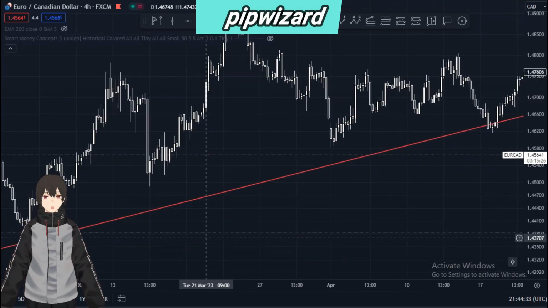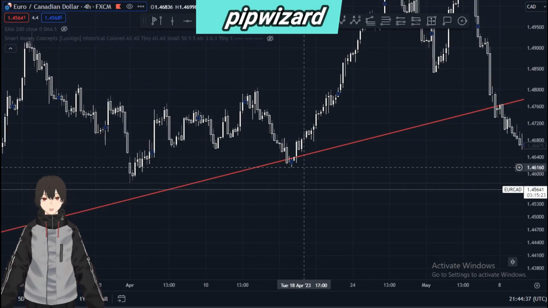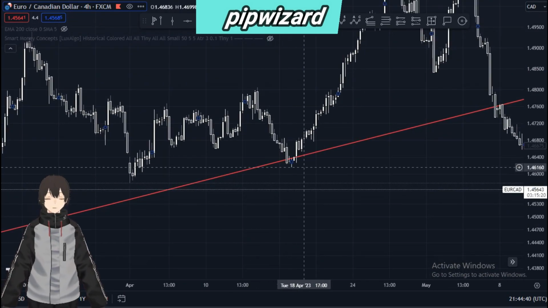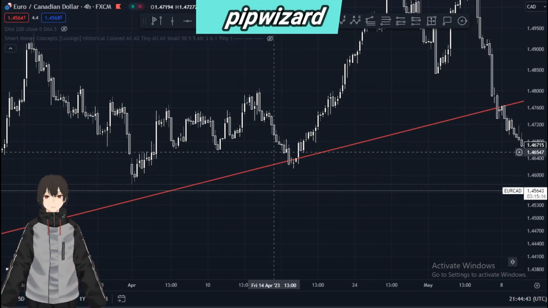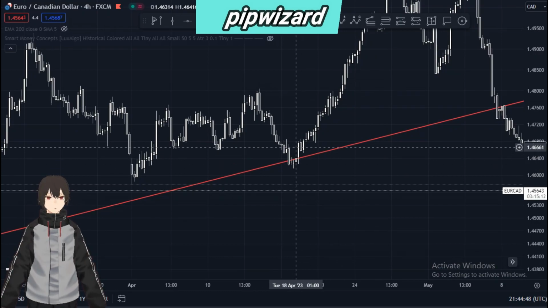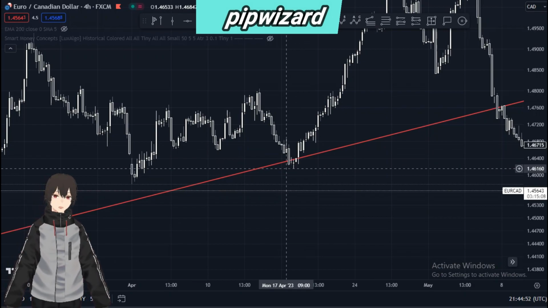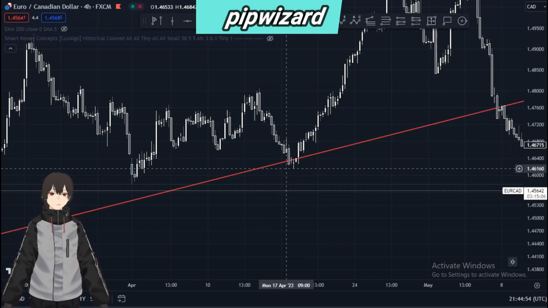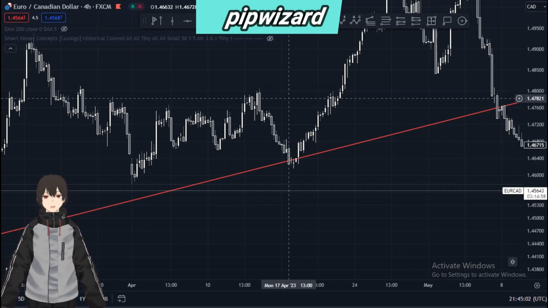When the third touch comes, you can open a position in the direction of your trend. If you have an uptrend, you open a long position, but if you have a downtrend, you open a short position. I think you have a question: how can we set a stop loss, or how can you set a take profit?